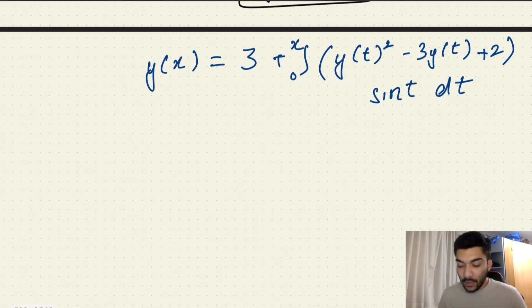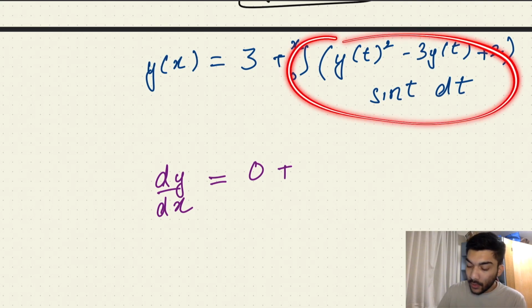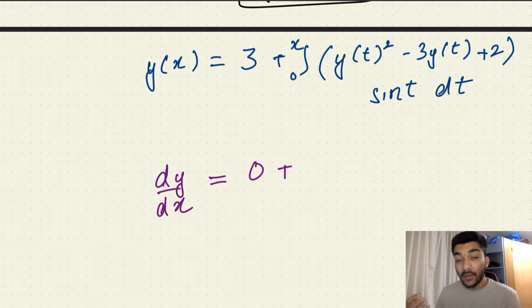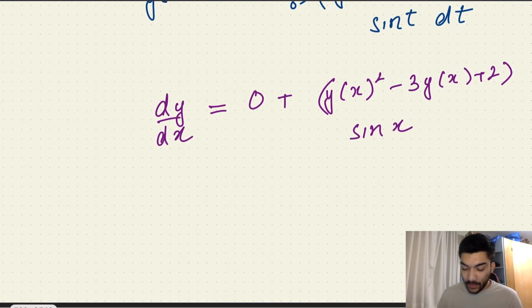And we can take the derivative on both sides. So the derivative of y of x will be simply dy by dx, right? And the derivative of 3 is 0. The derivative of this integral, I'll solve it quickly because we already know how to solve for the derivative of definite integrals. So this expression will be simply y of x squared minus 3 times y of x plus 2 times sine x in this case, right?